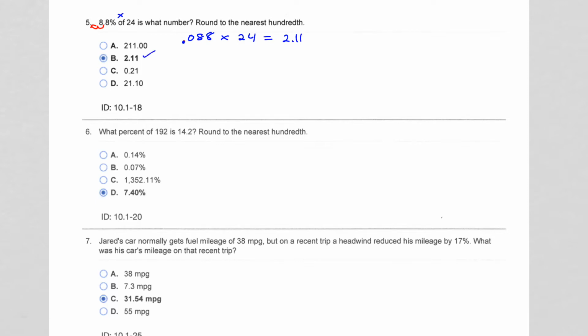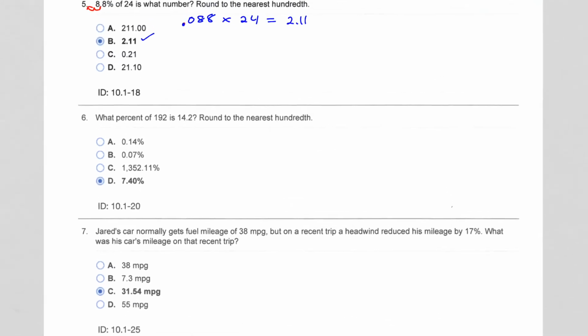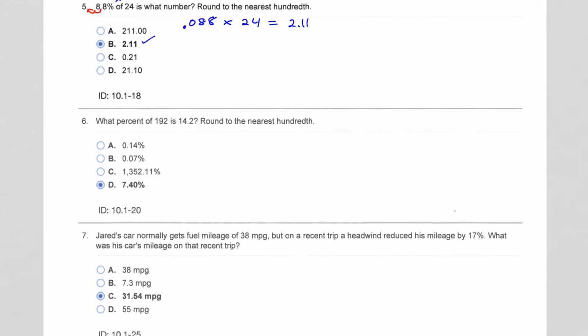Number 6, what percent of 192 is 14.2? Now you could use the is over of equals percent over 100 if you want. I don't think that's that necessary because we do have the part and we have the whole, and we can just make a fraction out of that.